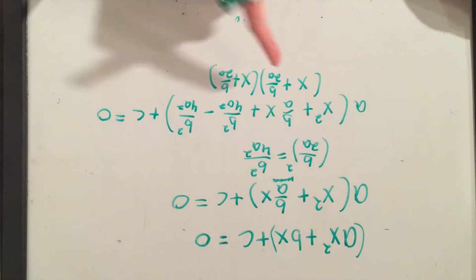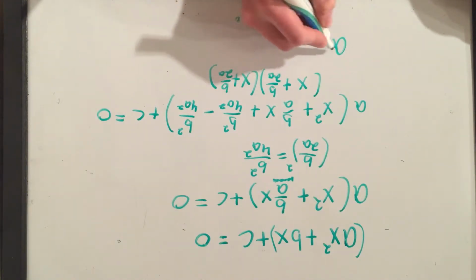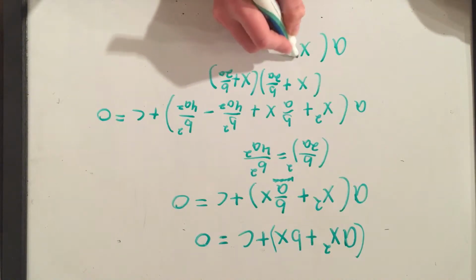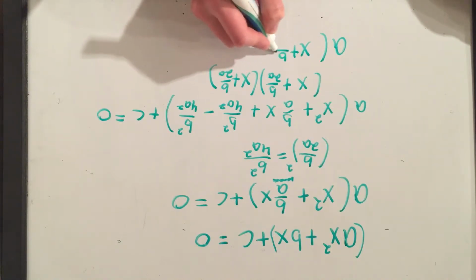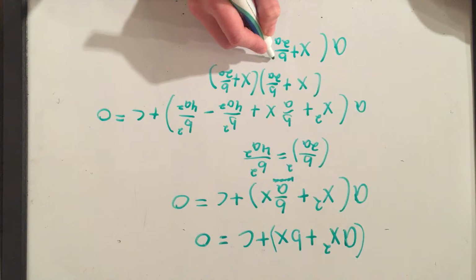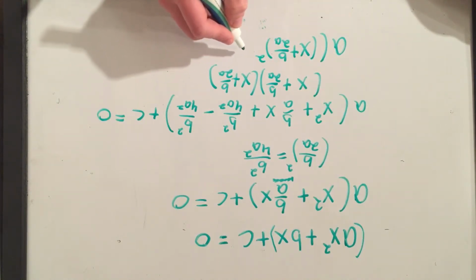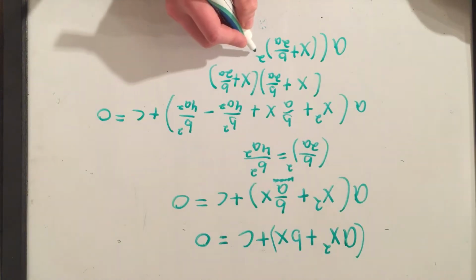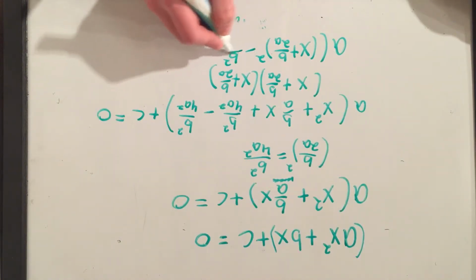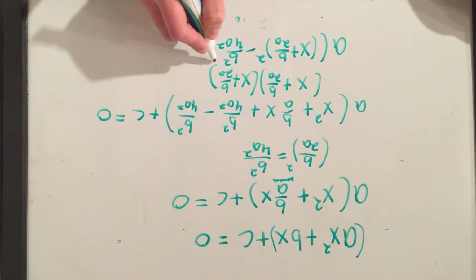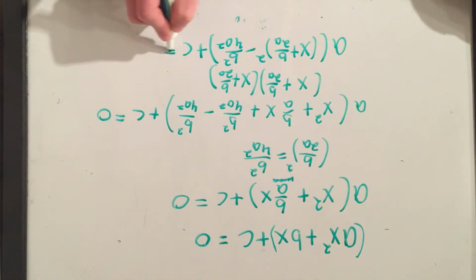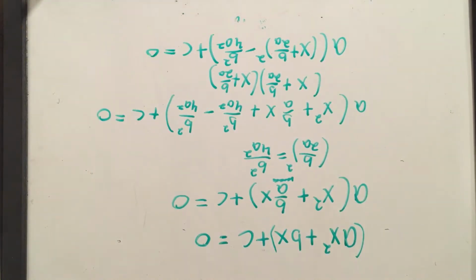And this times itself, that means quantity squared. So I can write x plus b over 2a squared. Hopefully you're following this. I know it's a lot of letters. Okay, but all I did so far, I did a couple of fancy algebra moves and I completed the square.